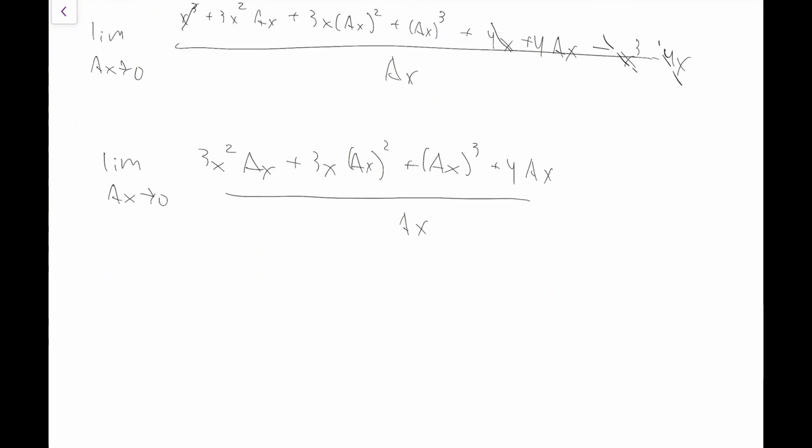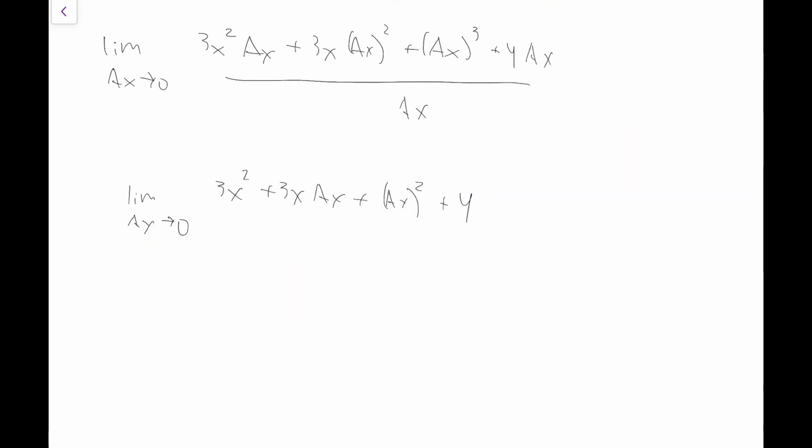So now, from all of this, we can take out a delta x. So that is exactly what we're going to do. The limit delta x approaches 0, 3x squared plus 3x delta x plus delta x squared plus 4.